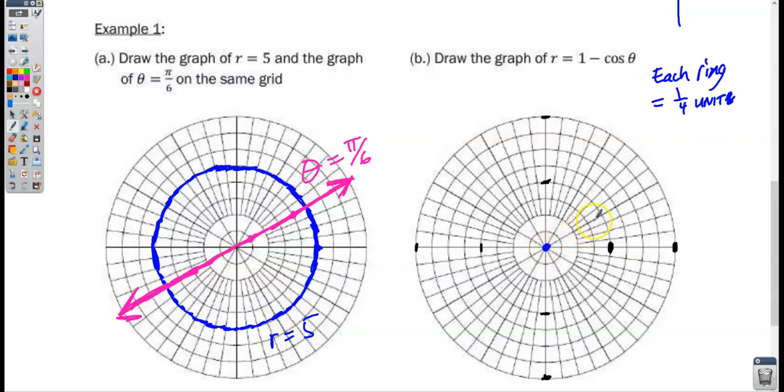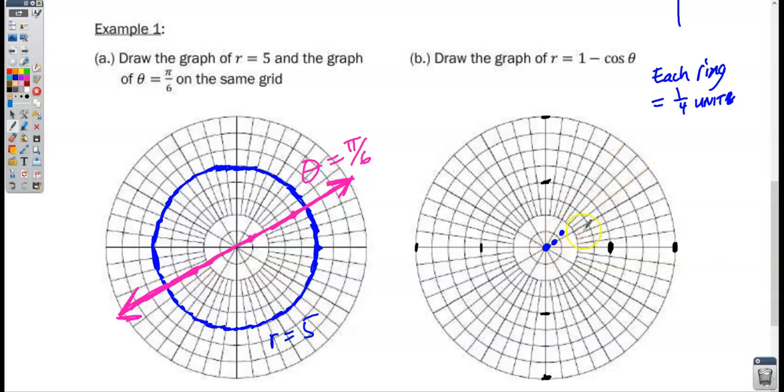I'm going to plot that point along the angle pi over 6, a distance of 0.134 from the center. Okay, next one, pi over 4. Cosine of pi over 4 is square root of 2 over 2, which is about 0.707. So this is about 0.293, a little bit more, and that's going to be on the angle pi over 4.